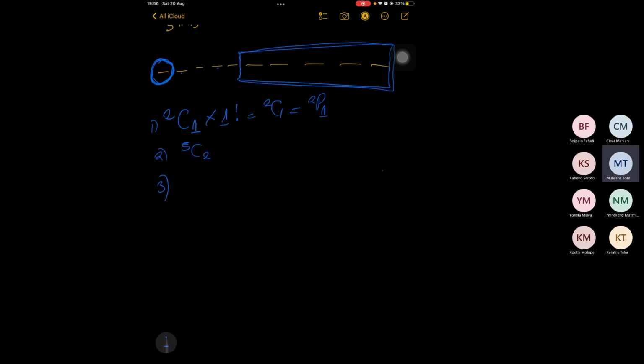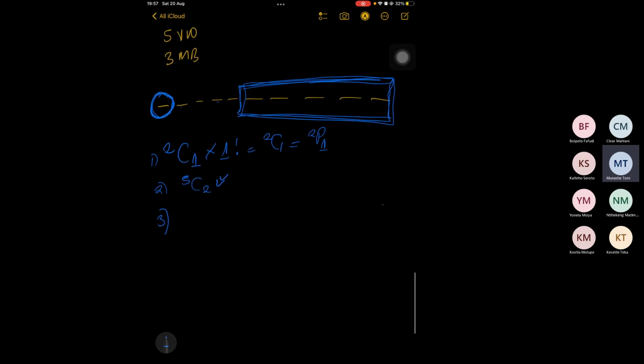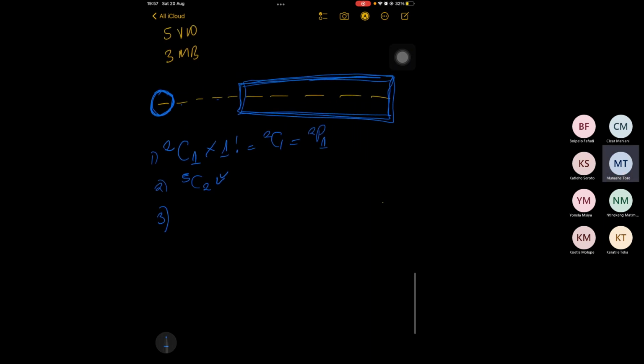Then for operation number 3, now that we have chosen the 2 spots to be filled amongst the last 5, we want to arrange the VW cars in those positions. We have 5 positions, already indicated in blue here, and 2 of these positions, chosen in operation number 2, are to be filled by VW cars.